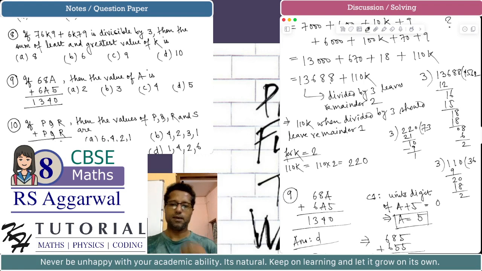So for k equals 2, 110 into 2 leaves a remainder of 1 when divided by 3, and this remainder 1 and the remainder 2 from the 13688 division by 3 will make the sum exactly divisible by 3. So k equals 2 is the least value of k such that the sum of the numbers will be divisible by 3.